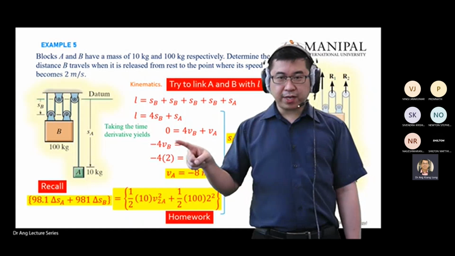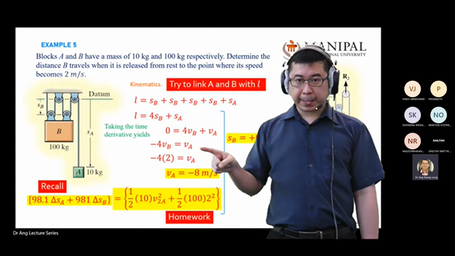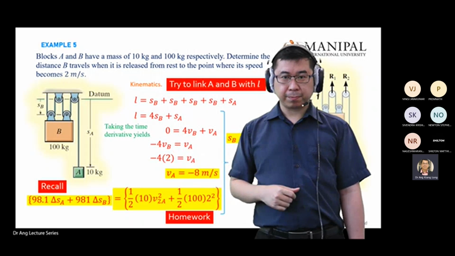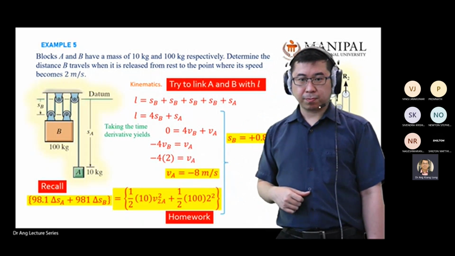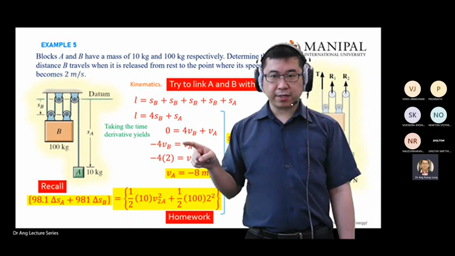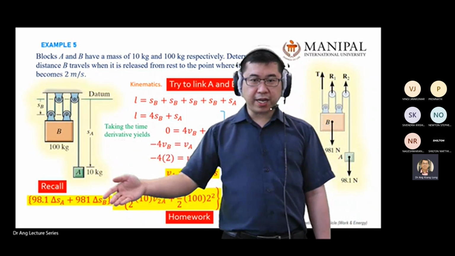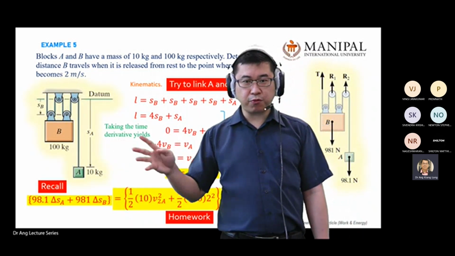You move 1 unit, B is going to move 4 units, correct? You have the ratio here. From here, you know the ratio. You move A 1 unit, SB is going to move 4 units.